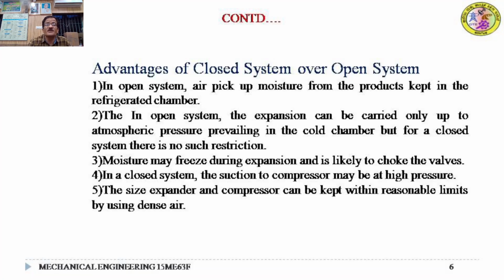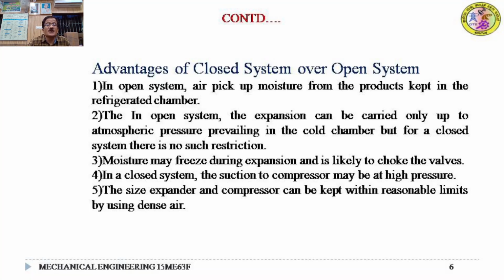So remember, expansion is available only up to atmospheric pressure, because that is the pressure in the refrigerator chamber. Below that you cannot reach, whereas there is no limit in the dense system or closed system. Moisture may freeze during expansion and is likely to choke the walls, so when moisture is picked up there is a chance of choking.